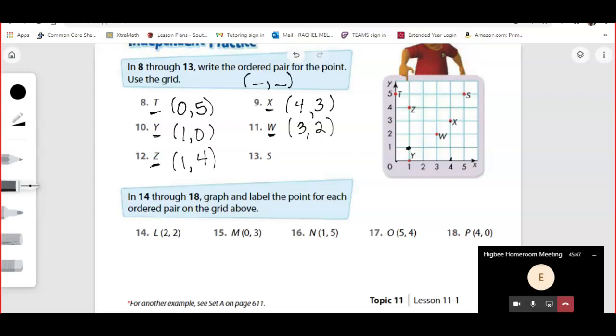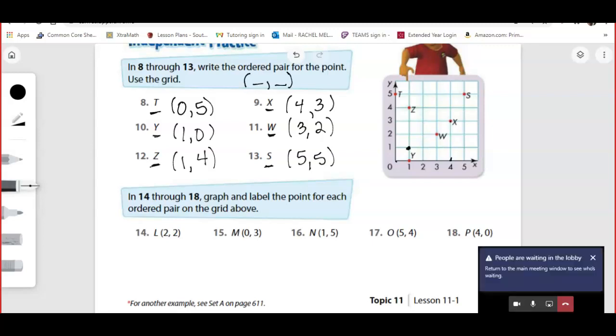Yes. Very good. And what about S? Anthony? 5, 5. Do we agree? Yes, very good. Is that starting to make a little bit more sense? Always make sure over and then up.